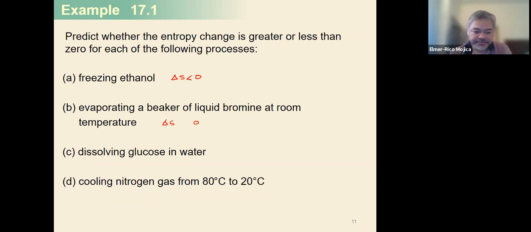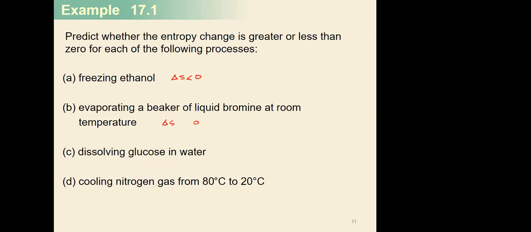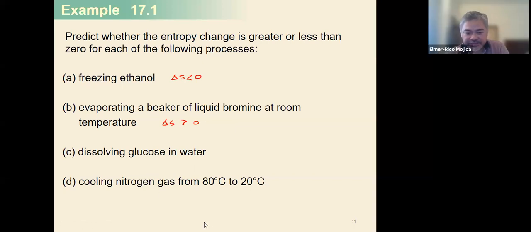Anyone? Greater than 0. Okay, so there's an increase in disorderliness, or a decrease in orderliness. Next, dissolving glucose in water. How would the delta S be? Will it be positive or negative?